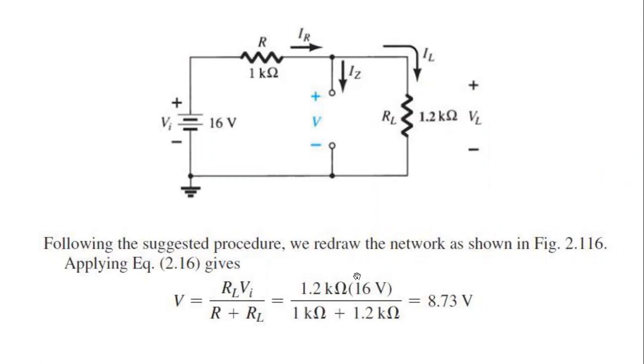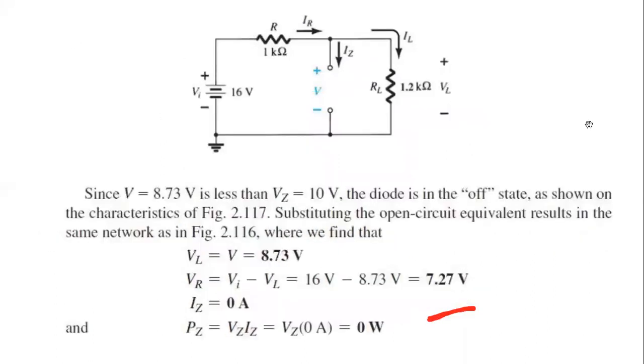We know that the diode is in reverse bias, but in reverse bias we have two conditions: without Zener region and with Zener region. We just check that, and since it is 8.73, it is not in the Zener region. That's why it will be a normal calculation.